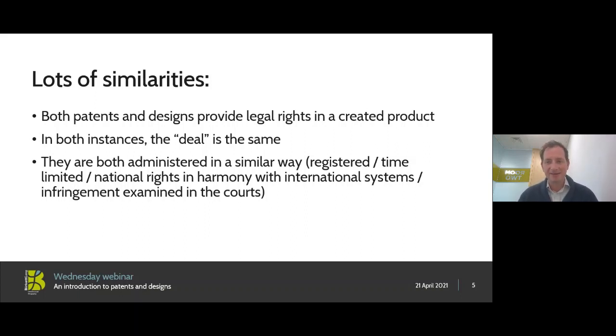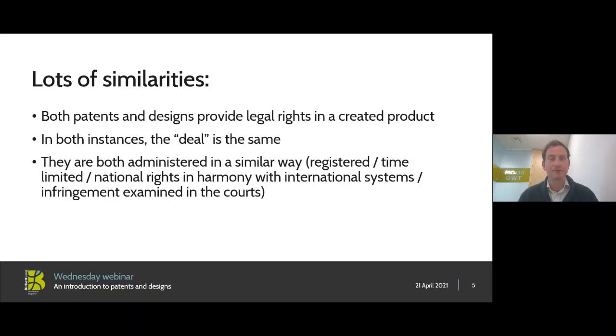At the end, provided that you've fulfilled the various criteria required, you get legal rights in the creative product. Those rights might be a monopoly over the use or production of the item, and that monopoly might be transferable, licensable, saleable to others.